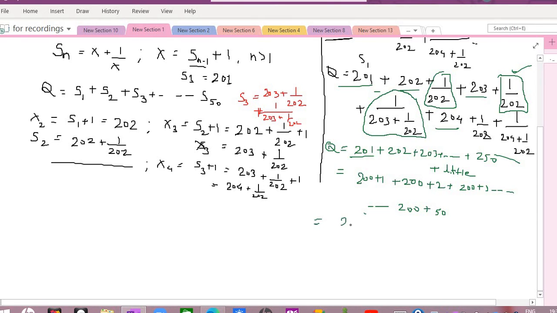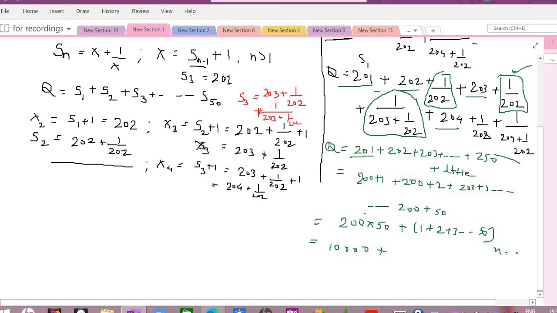So let me write it as 200 into 50 plus, I know we have 1 plus 2 plus 3 up to 50, right? So that way we'll be able to solve it quickly. So this gives me 10,000 plus. Now you have a formula to calculate that, n into n plus 1 by 2.